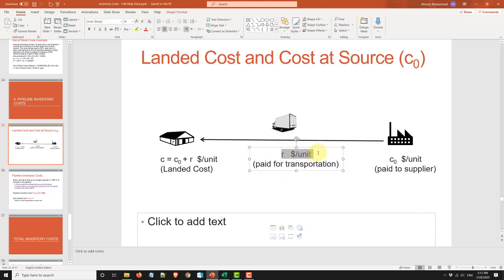So let's say I spent $2 per unit in transporting the shoes from the supplier to my warehouse. So at my warehouse, the landed cost per unit is going to be $30 paid to the supplier plus $2 paid to the transportation company, or a total of $32 per unit is what it costs me to receive product, what product costs me at this point in my supply chain. So for this sort of a setup, we are going to calculate the inventory costs at this warehouse.